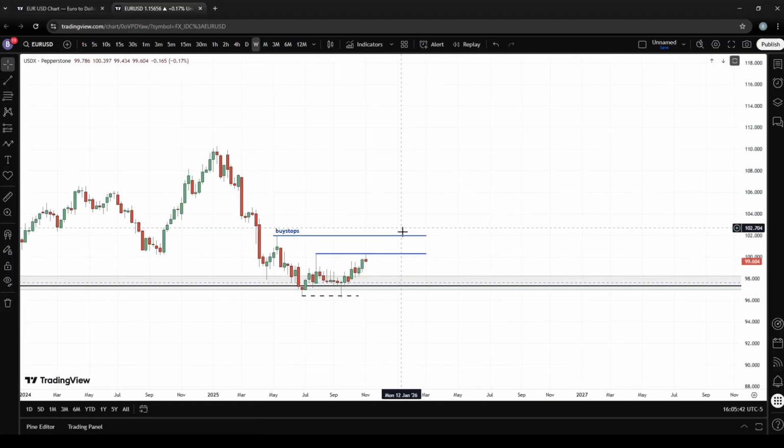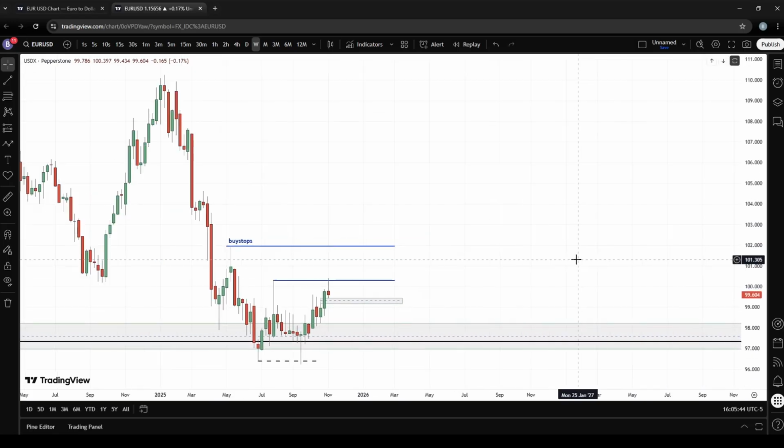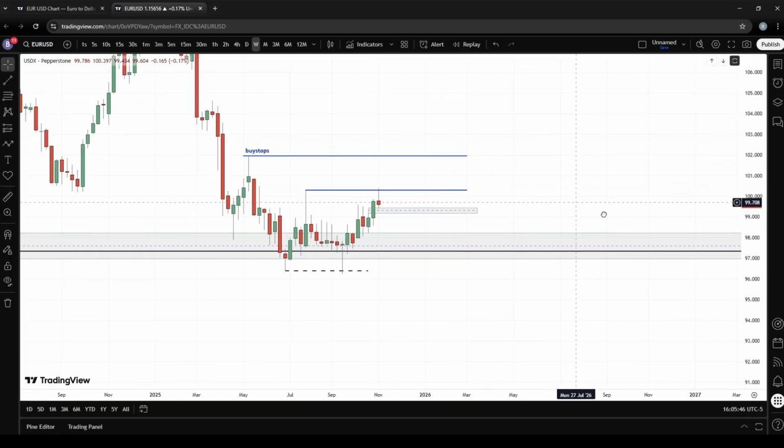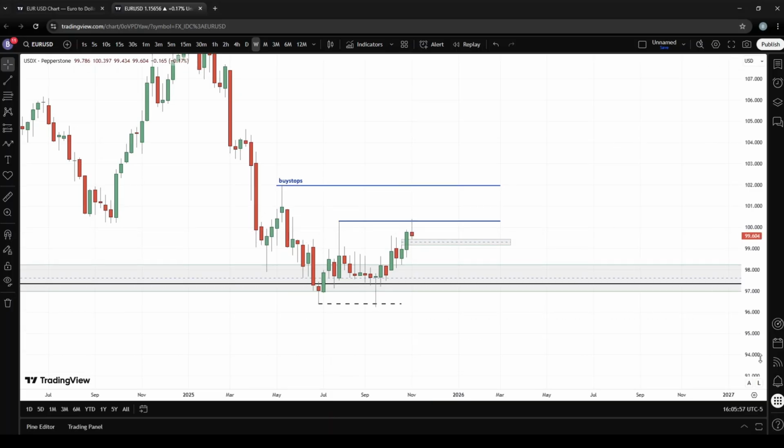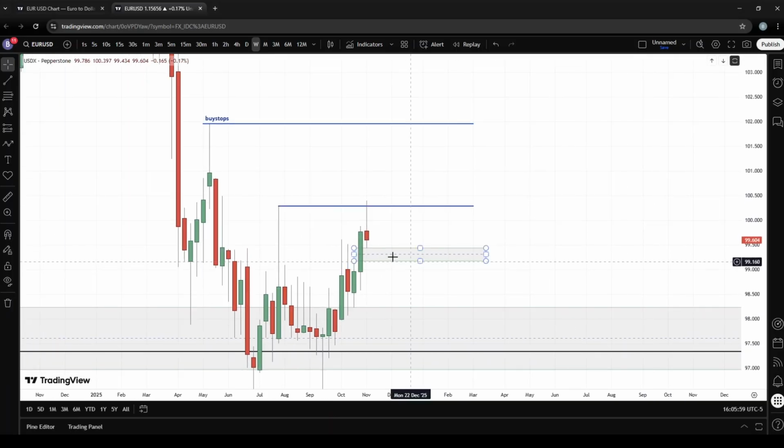The weekly, this is what I'm seeing on the weekly. A previous weekly high was triggered, and a fair value gap has been left on this level. So this could be a trigger point.